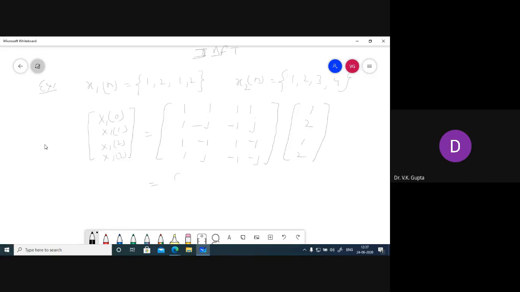So let us multiply this. First, 1 plus 2 plus 1 plus 2, the first will be 6. The second will be 1 minus 2j minus 1 plus 2j, these cancel, so the quantity will be 0. In the third, 1 minus 2 plus 1 minus 2, the quantity is again 0. In the fourth, 1 plus 2j minus 1 minus 2j, the summation is 0.